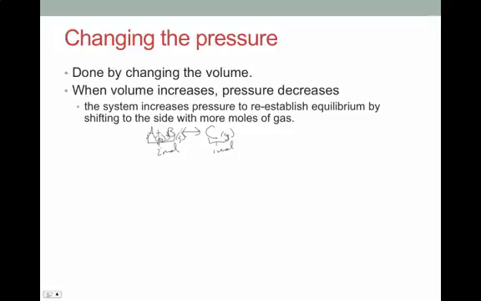So if we have 2 moles on the left side and 1 mole on the right side, then if I increase my volume, pressure decreases. If pressure decreases, the system will shift to add pressure. In order to add pressure, it's going to shift to the side with more moles of gas. So it will shift to the left, where there's 2 moles of gas versus the 1 mole of gas in the products.